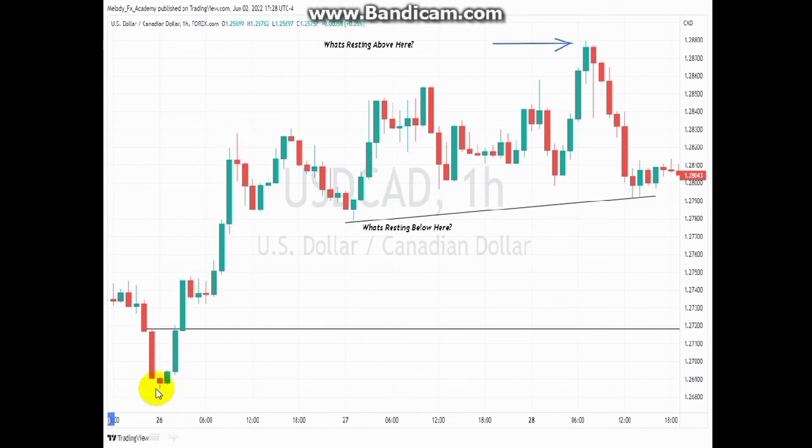Viewing this further, let's say this is our dealing range low and dealing range high. Between this range low and this range high, below these old lows, is going to be resting internal range liquidity.